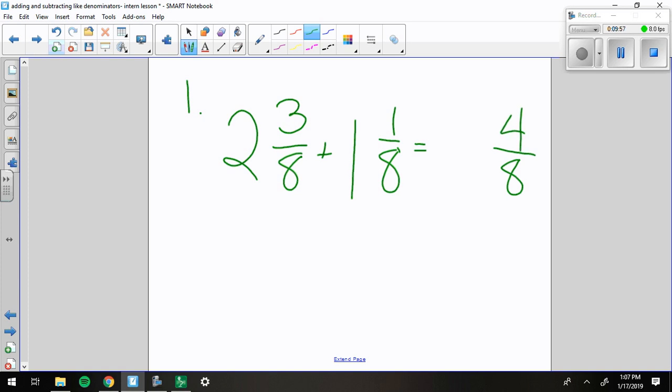And then I would just add my whole numbers. 2 plus 1, 3. Okay? But I'm not done here yet, because 4/8 we can divide by 4, top and bottom, to get 3 and 1/2.